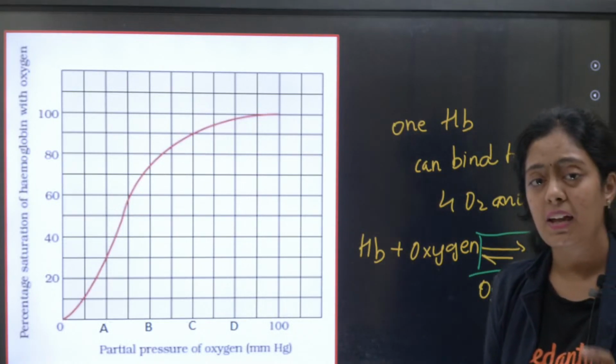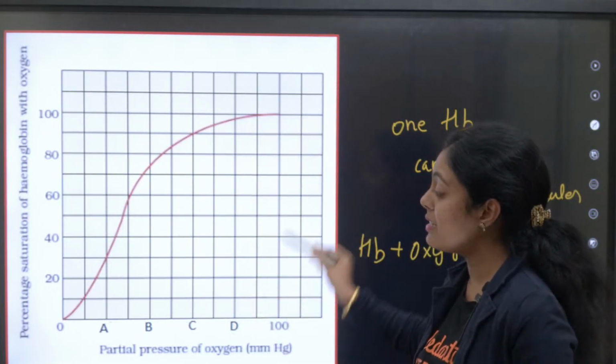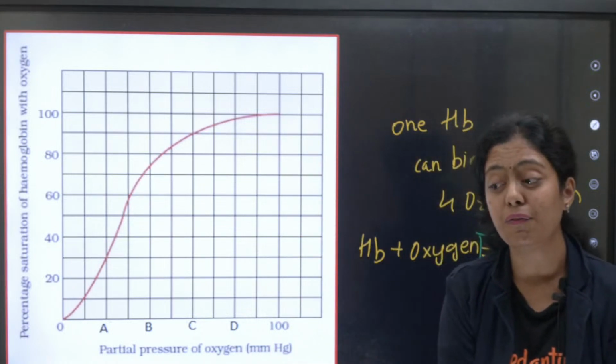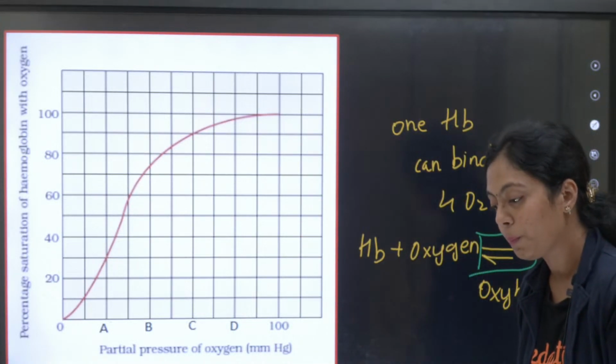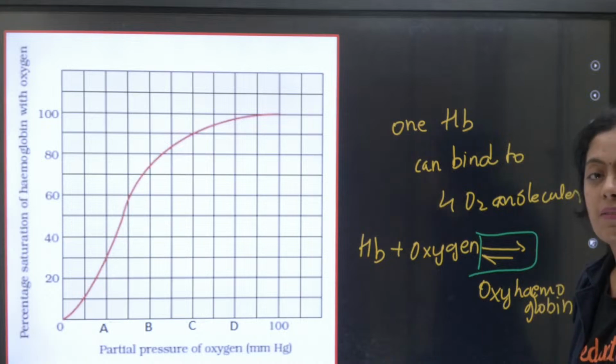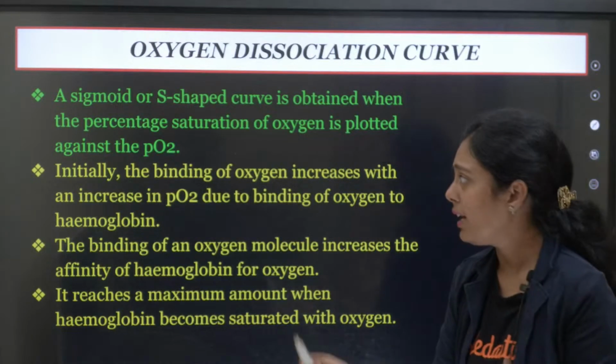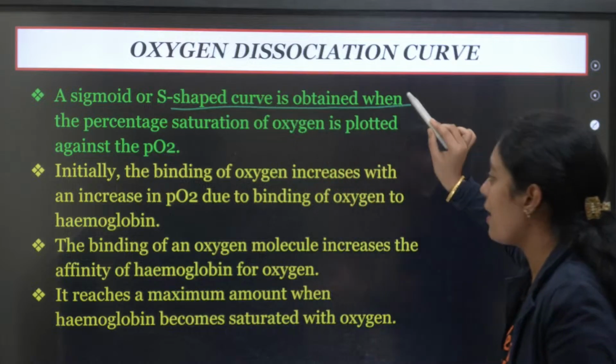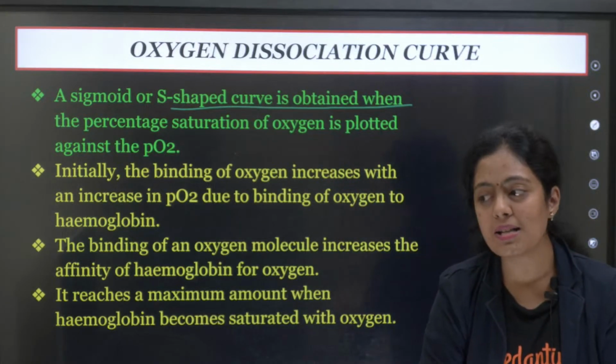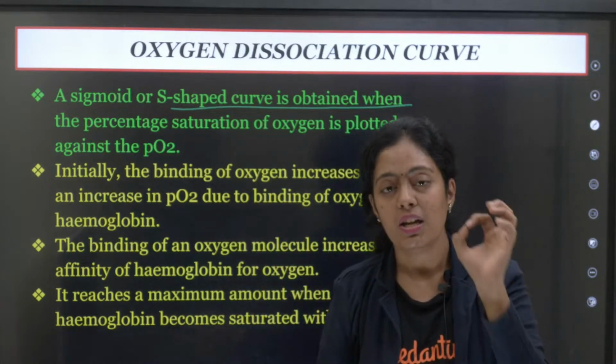Now in this graph, the factors affecting this saturation are what we are going to discuss now. Okay, give me a thumbs up. We'll continue. As already said, the sigmoid or S-shaped graph is obtained when the percentage saturation of oxygen is plotted.